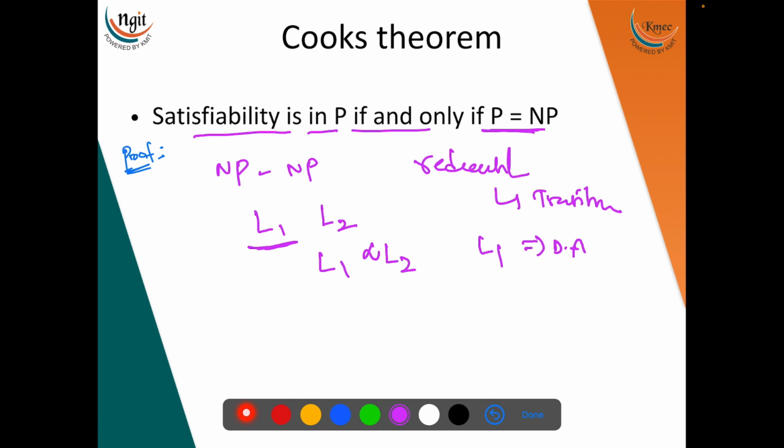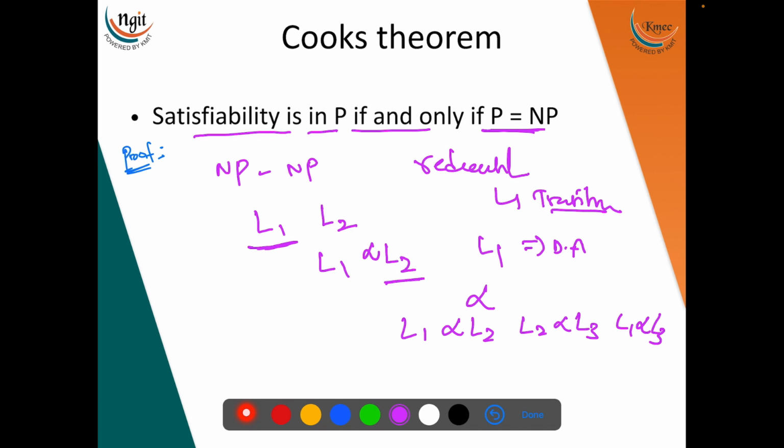This definition implies that if we have a polynomial time algorithm for L2, then we can solve L1 in polynomial time. One can readily verify that reduction is a transitive relation: if L1 reduces to L2 and L2 reduces to L3, then L1 reduces to L3.